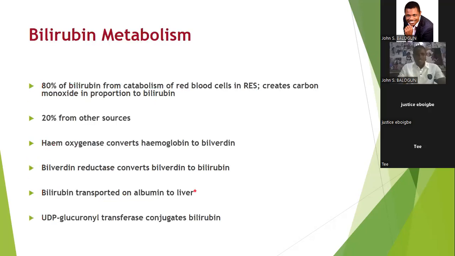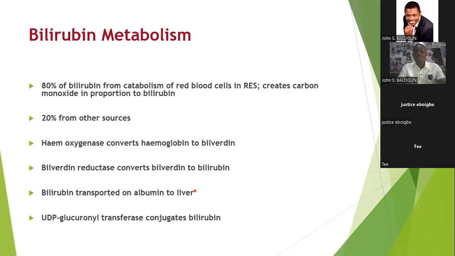So now, like we have said, 80% of bilirubin is from catabolism of red blood cells. So now, converted to bilirubin, then bilirubin now is being delivered to the liver. While bilirubin is in the circulation, it is bound to albumin. So albumin bound to bilirubin is the one that now carries bilirubin to the liver.